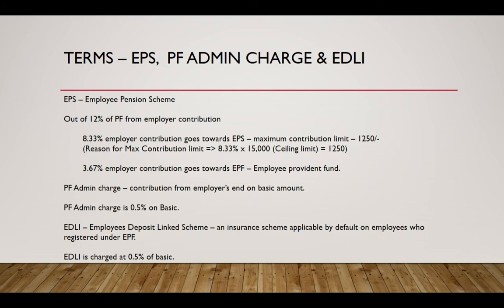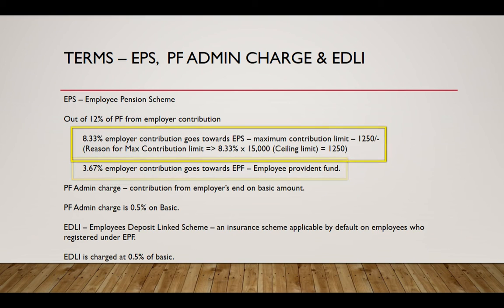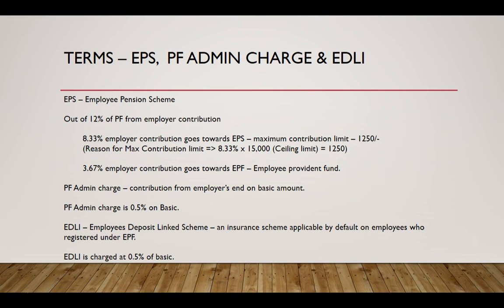Now there are a few things which you are required to know regarding the employer's contribution in Provident Fund. When the employer contributes 12% of basic towards Provident Fund, out of that 12%, only 3.67% goes towards Provident Fund, and the remaining 8.33% is contributed towards EPS, which is the Employee Pension Scheme.